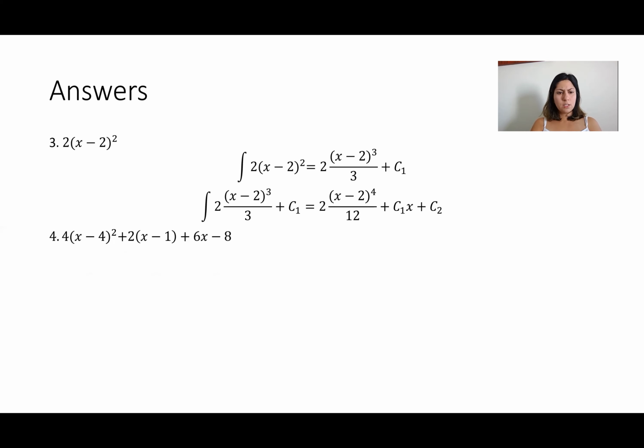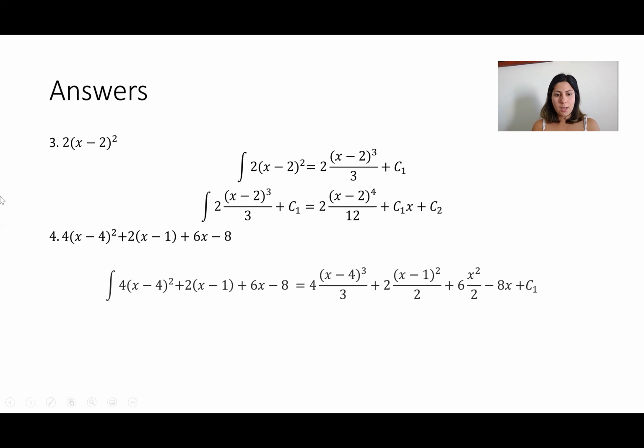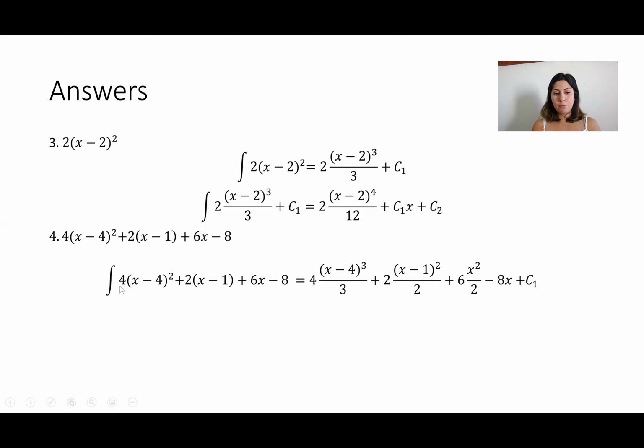The last one, I think it was the last, is something like this. You don't need to panic because you can treat each part as a single term separately. Don't worry about the whole stuff. If you have 4 times x minus 4 squared, you have a bracket, keep the bracket, do not expand it, and treat it as a variable.